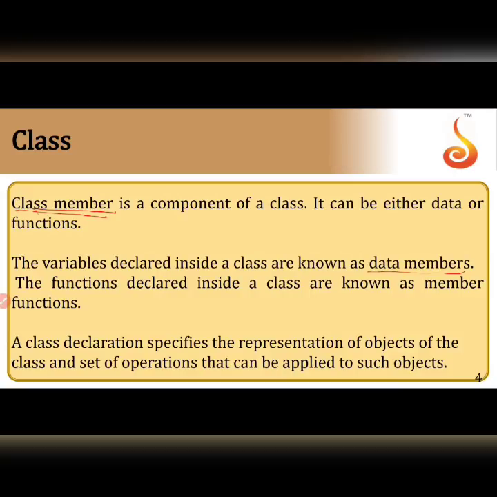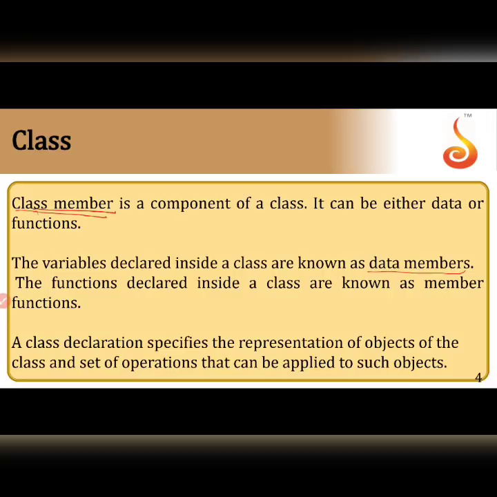What are variables? Int x, int y, char name of 40. All these are different. Even a structure can be declared inside a class. You can have an array declared inside. All these are called variables declared inside a class, and they are known as data members.